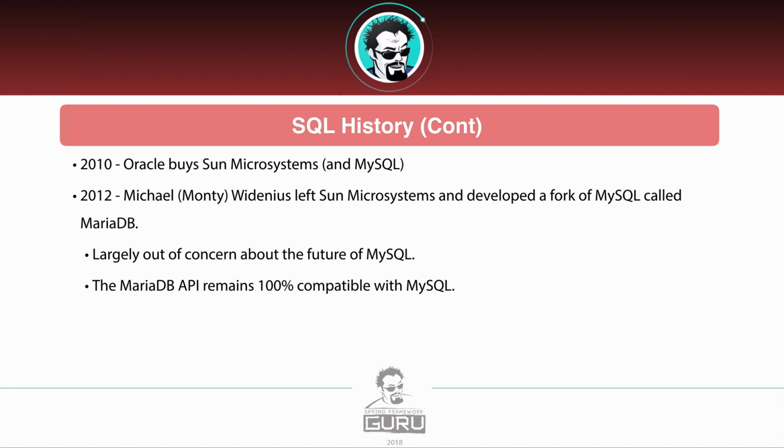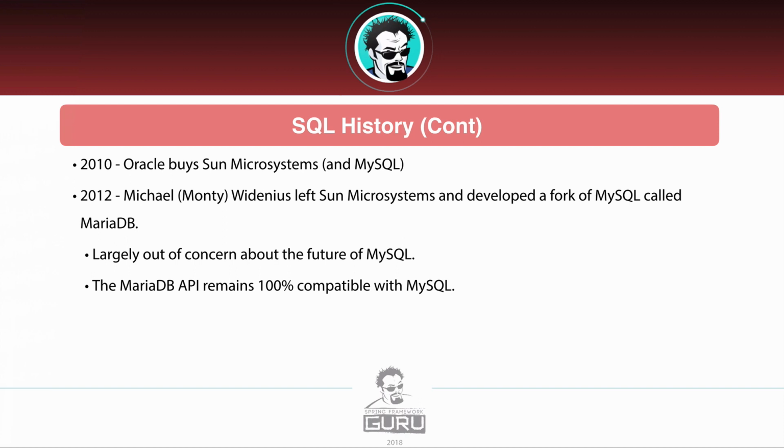And one of the original founders, Monty, remember I told you to remember that name, he actually left Sun Microsystems because he became an employee with the acquisition, and he developed a fork of MySQL called MariaDB. If I remember right, Maria is one of Michael's other daughters. So it seems to have a pattern there naming databases after his daughters. Like I said, this is out of concern about the future of MySQL, and MariaDB's API remains 100% compatible with MySQL.